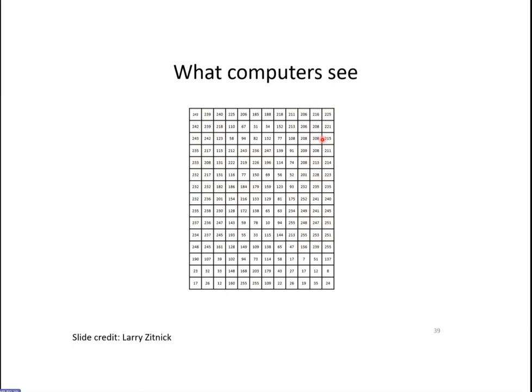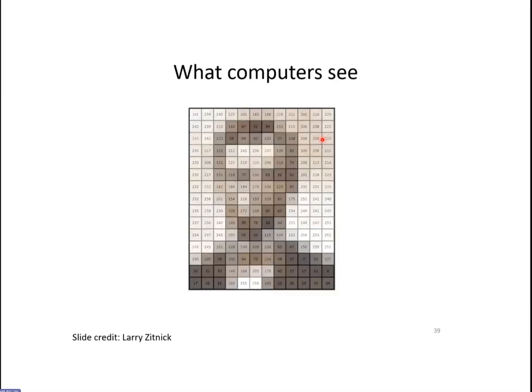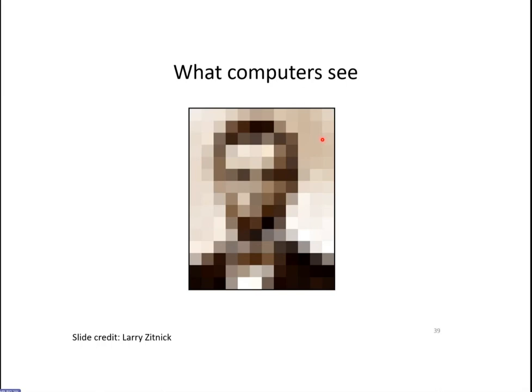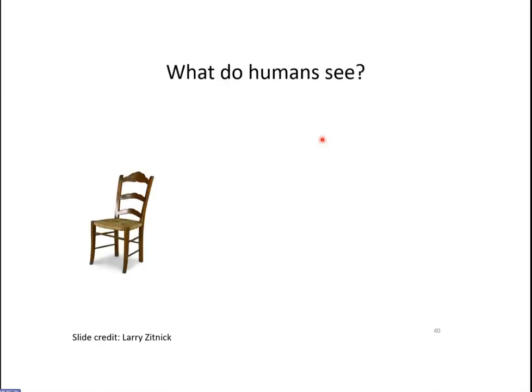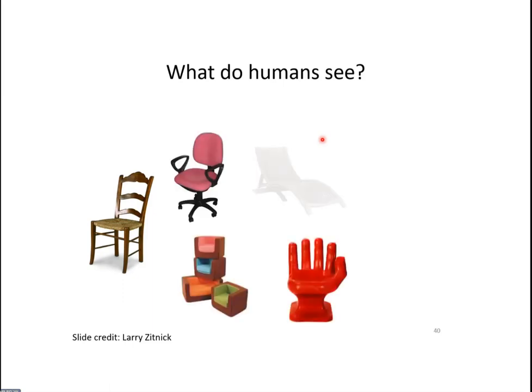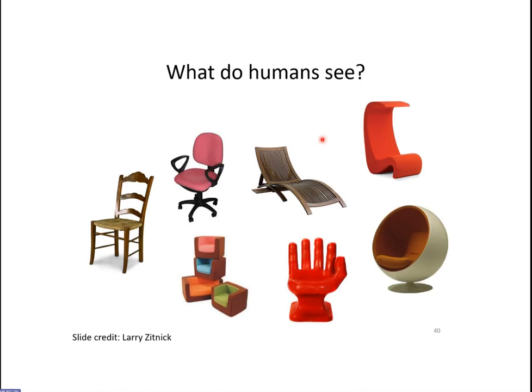So let's see what the computer sees. Human, computer: we see a whole picture. The computer sees a lot of numbers. Okay, so this is a chair, right? You have no doubt it's a chair. But all of them are chairs. For the computer, you need to teach the computer. They are chairs, but they look very, very different. So there's a difficulty for computer vision.